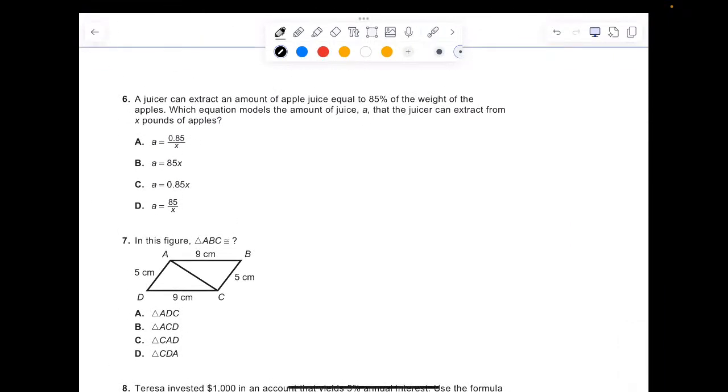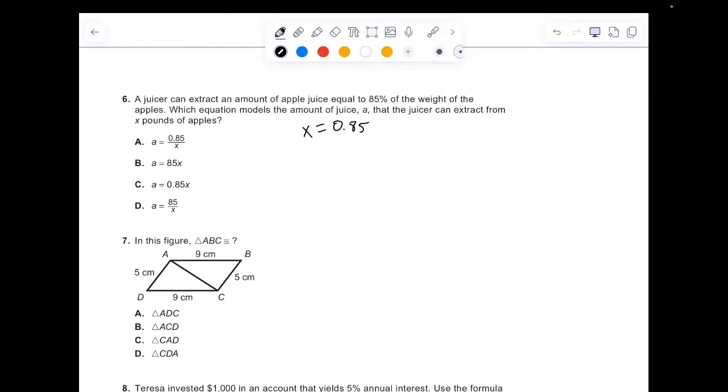A juicer can extract an amount of apple juice equal to 85% of the weight of the apples. Okay. We have just some number x equals 0.85. Which equation models the amount of juice A that the juicer can extract from x pounds of apples? Okay. So for every apple, I gotta be careful on how I write this.